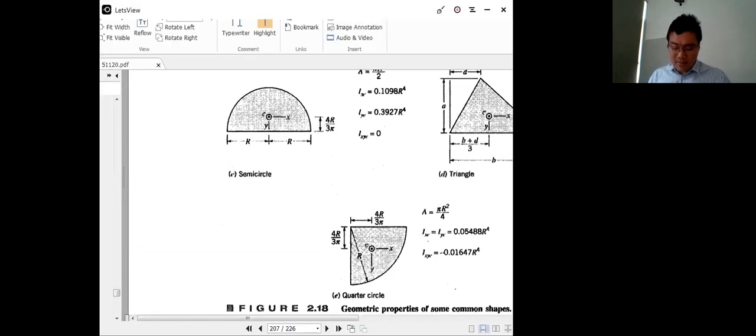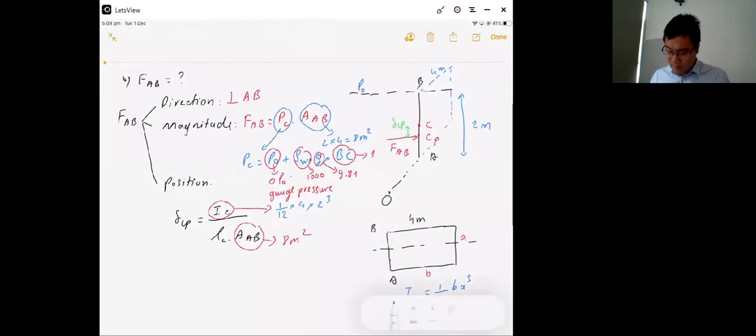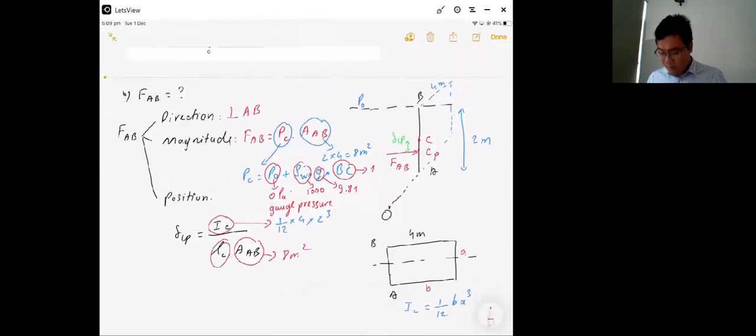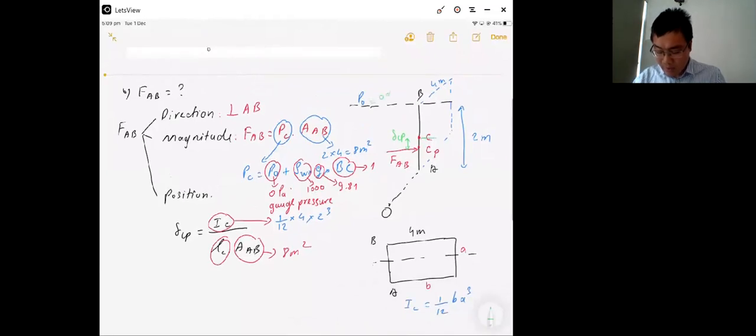Okay, so IC you have LC. LC, as I said, is the distance from C to the pressure point, zero G, in the AB direction.